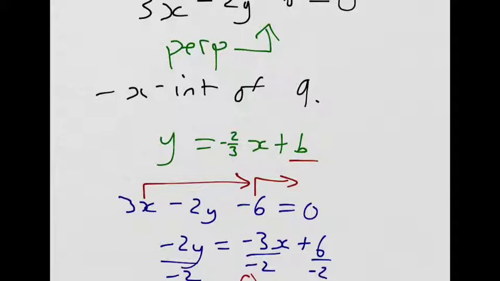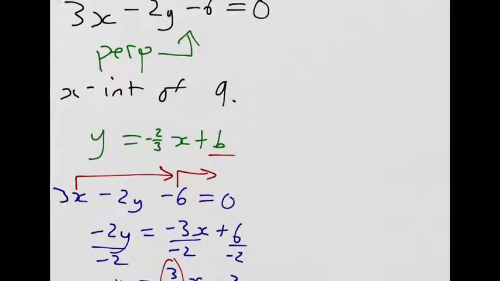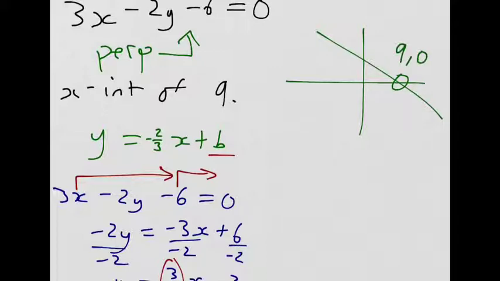It is the x-intercept. Looking for the coordinates of the x-intercept: 9 and 0. If a graph crosses the x-axis at 9, then the y-coordinate is 0 because it's not above or below. So the coordinates of that point are 9, 0.